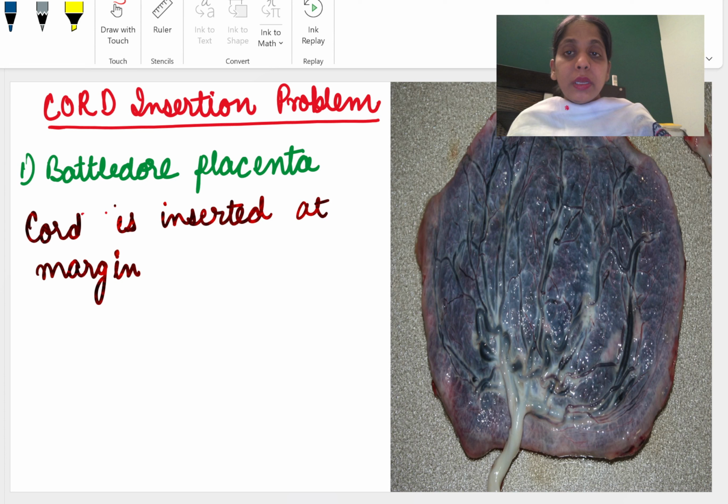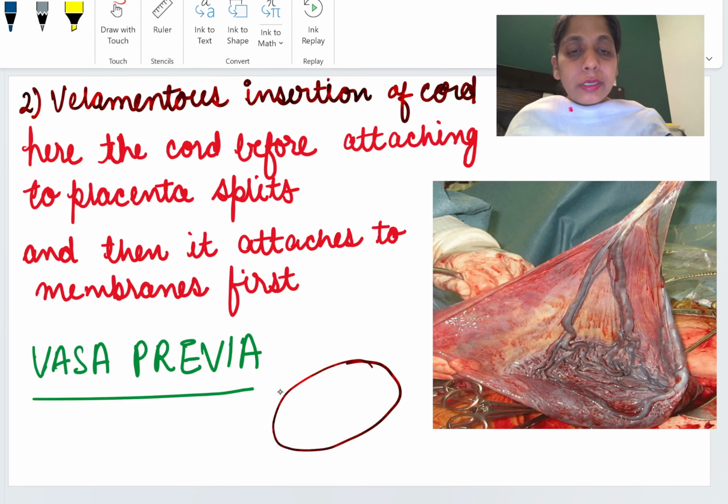Okay, next is filamentous insertion of the cord. Now you all know, as I have told you, that if this is the placenta, then the cord inserts here in the center, and then within the placenta this cord divides into lots and lots of branches.